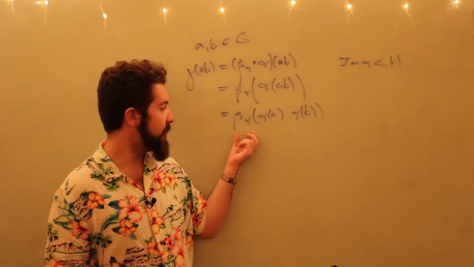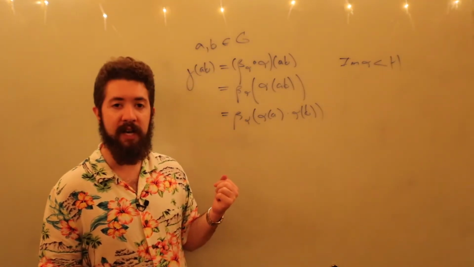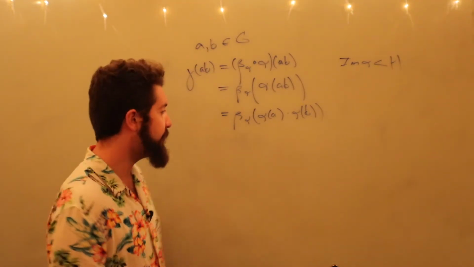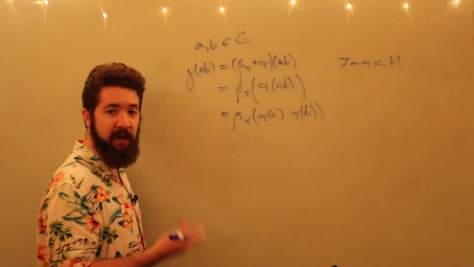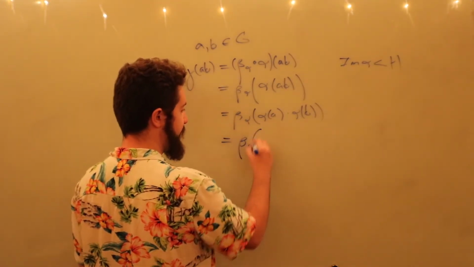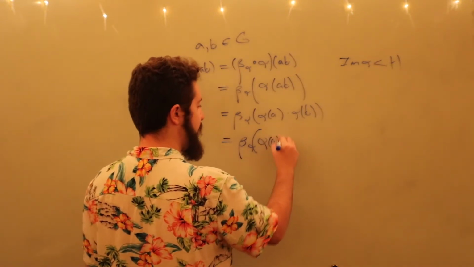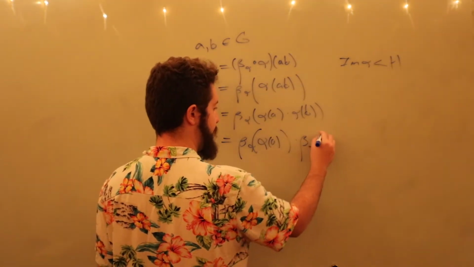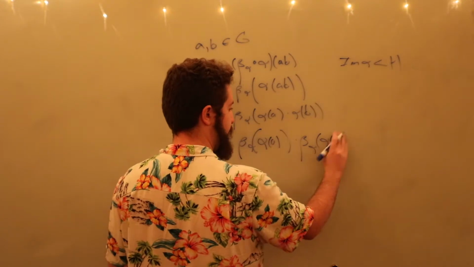Moreover, we said that beta and beta sub alpha coincide on the image under alpha, which means that beta sub alpha is also going to be operation preserving, and we have beta sub alpha of alpha of A times beta sub alpha of alpha of B.